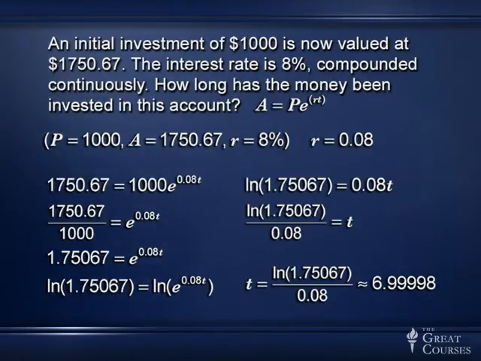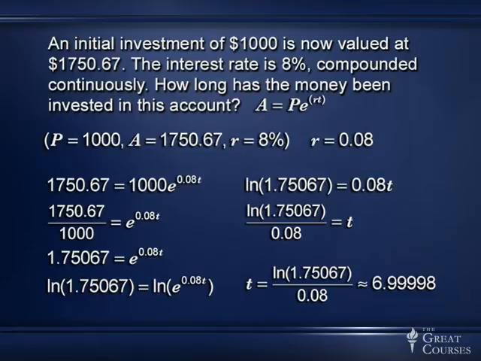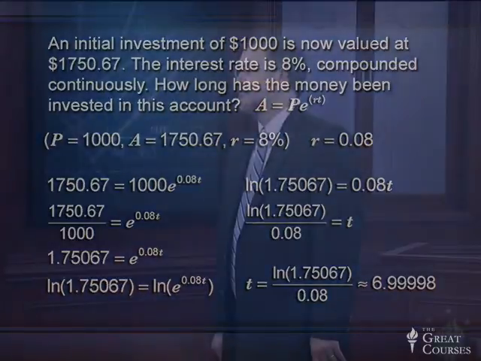6.99998. And how do I interpret that now? Well, that t value is a number of years that the money has been in the account. And so basically, the money has been in the account for 7 years. Now, by the way, I should note that this problem assumes that none of the money that was in the account has ever been taken out, or that any other extra money had been added in by the account holder other than that initial $1,000.